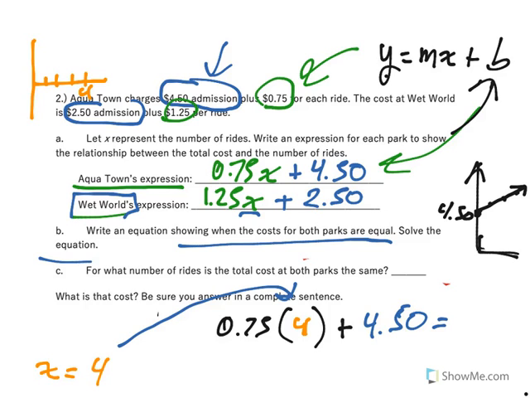So 75 cents times 4 plus 4.50, and our answer will be $7.50. And that's where they're going to meet. So if this was 7.50 right here, we know the two lines would meet at about there. Okay? They would meet at the 4th ride. They would have the same price at the 4th ride.